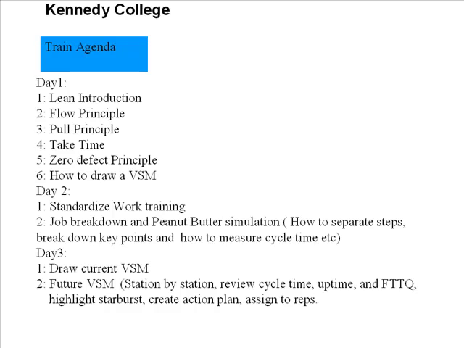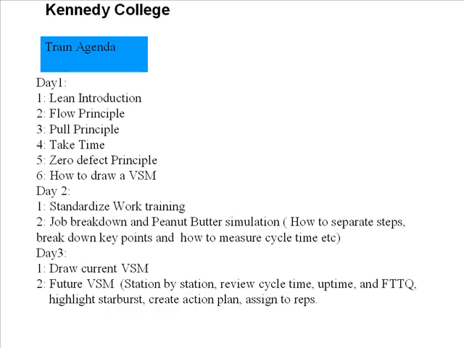And we also highlight all the starbursts, which mean actions, the bottlenecks. And next, we create an action plan and assign champions to the action plan. So what I need you to know is the process flow. We're training people in terms of principles and lean definition, right? We're also training them on the tool we call value stream mapping.